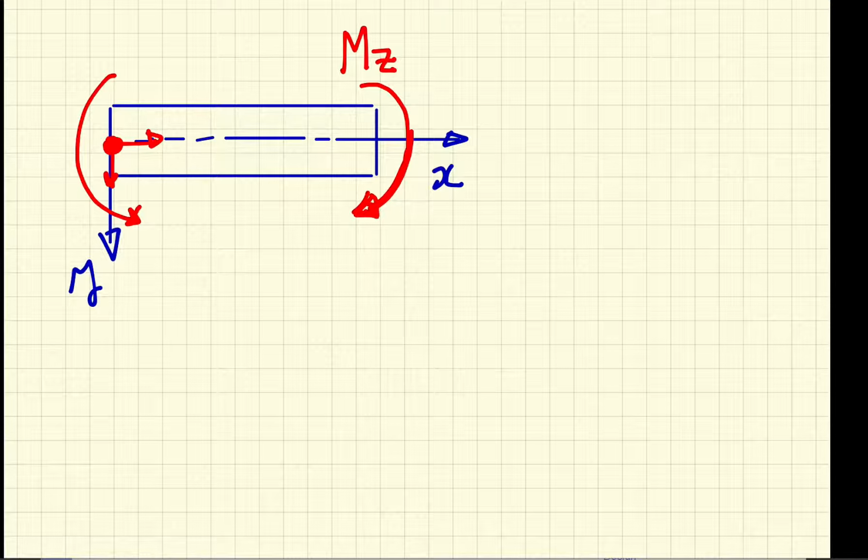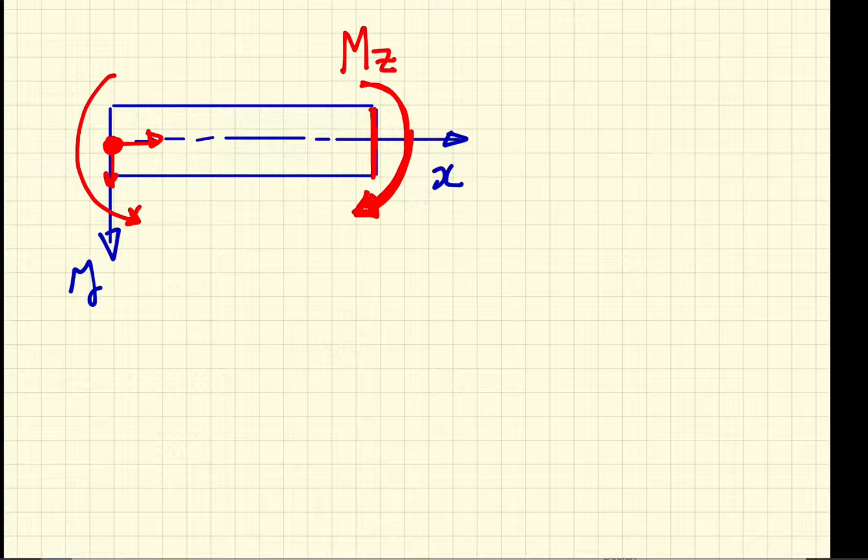So it's a positive moment, and the convention is that a positive moment acts on a positive face, because this is a positive face in the positive coordinate direction. So this is a positive face, and this is a positive moment.